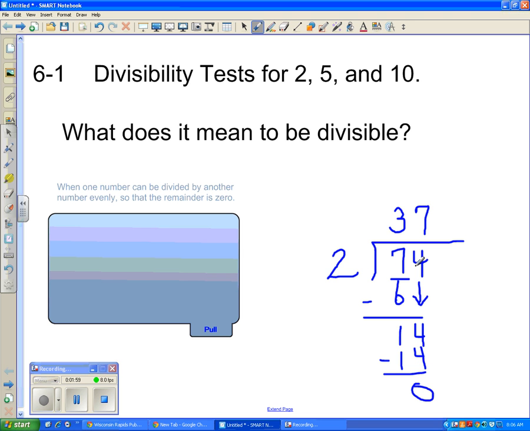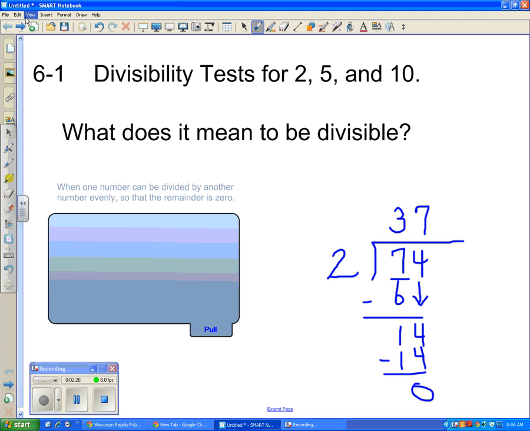So 74 can be divided by 2 evenly, and we will have a remainder of 0. So, in other words, 74 is in fact divisible by 2. Okay? So this is one way in which you can see if a number is divisible by another number. But shortcuts and divisibility tests have been generated.